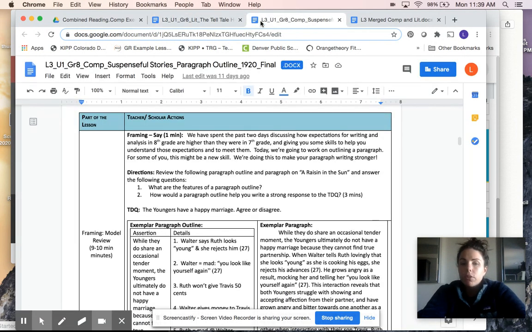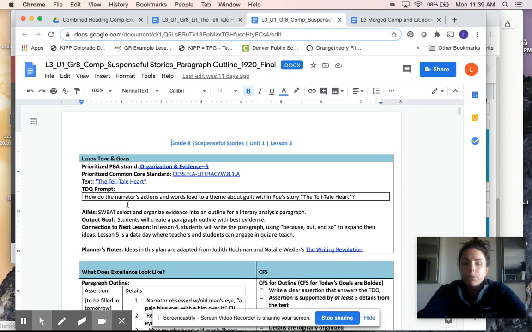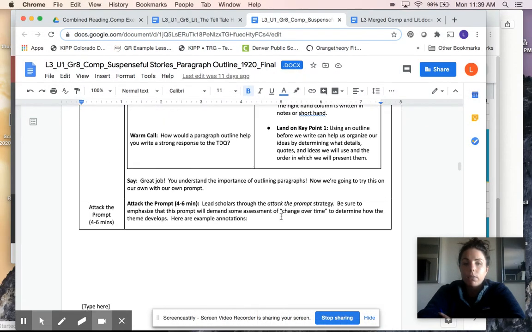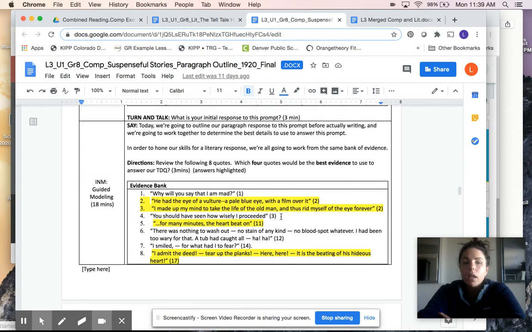Whereas the composition one is a little more complex because the end goal, or the aim, is to select and organize evidence into an outline for a literary analysis paragraph. When I was looking at what evidence they were analyzing for, they had this evidence bank and kids were asked to understand which 4 quotes would be the best evidence to use for our TDQ.